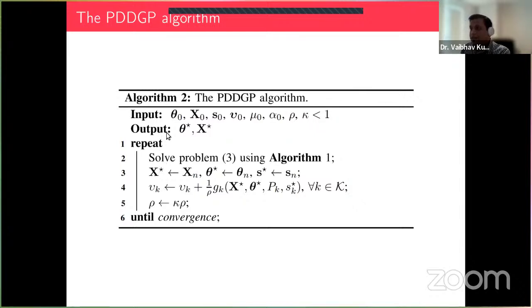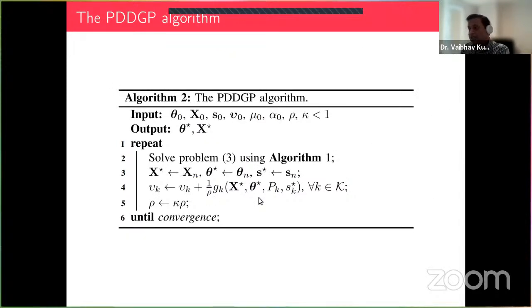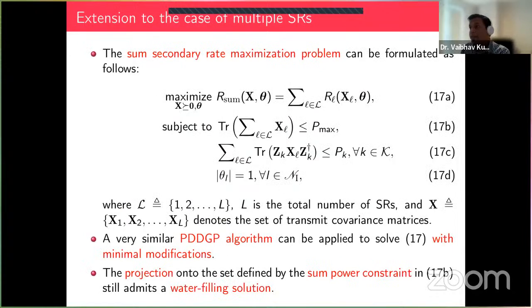Now we repeat: we solve the problem using algorithm 1, and once we have convergence, we update the Lagrange multiplier and the penalty parameter like this in 4 and 5, and then we repeat the whole process until we have the final convergence. We will see later on how this looks and what is the meaning of changing this Lagrange multiplier and penalty parameter.